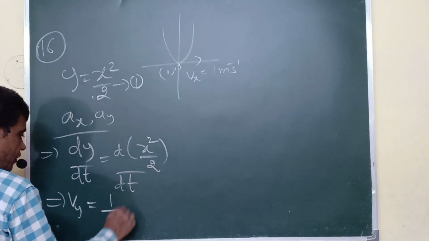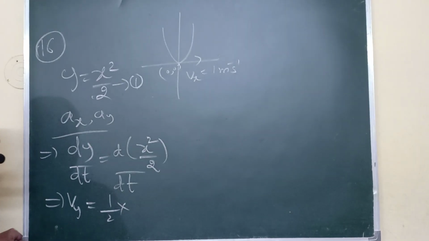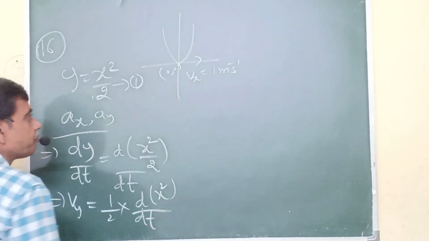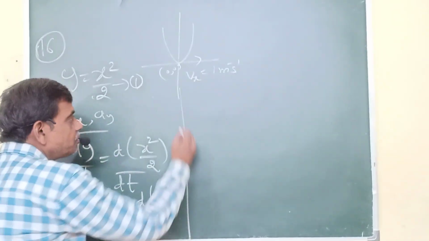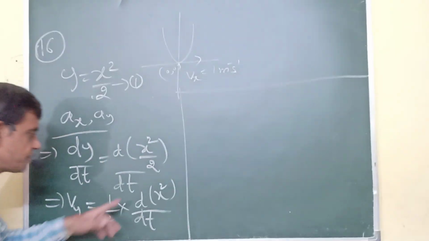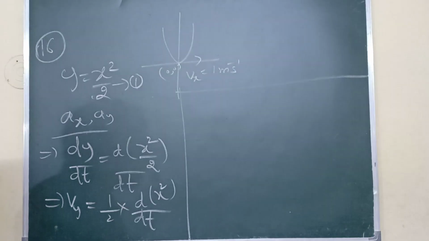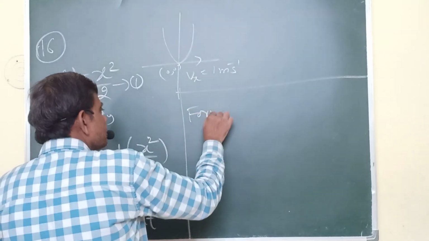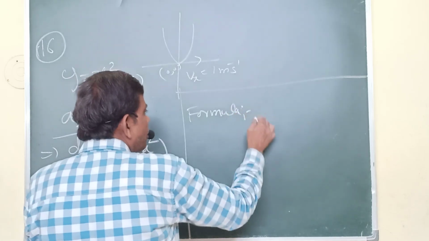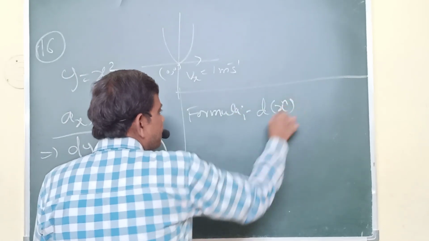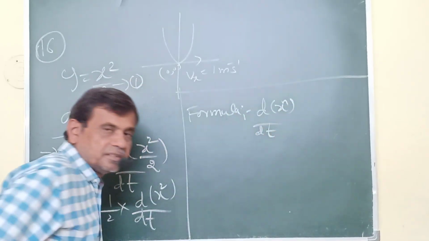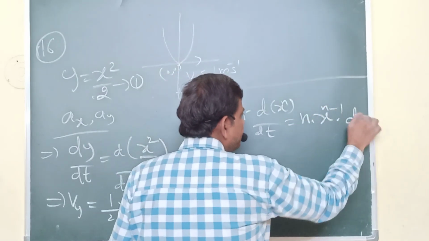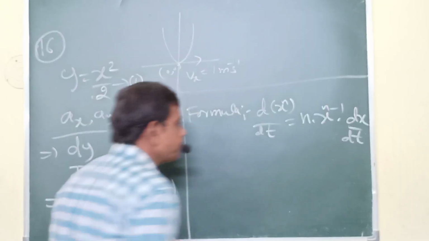Similarly, the coefficient 1 by 2 comes to this side. What is the remaining part? Differentiation of x square with respect to t. This is like differentiation of x power n, which is n into x power n minus 1, a formula we know. Here the differentiation of x power n with respect to t is n into x power n minus 1 into dx by dt.